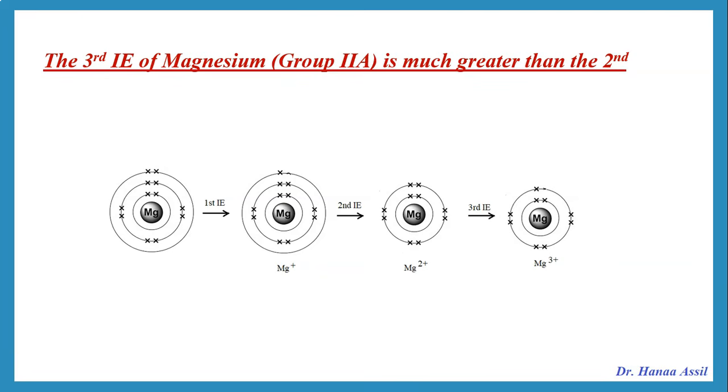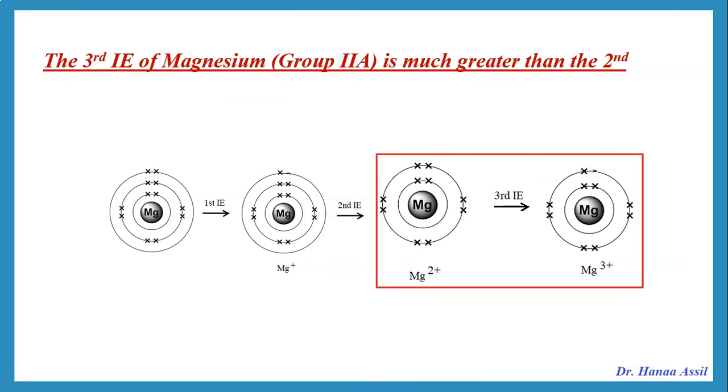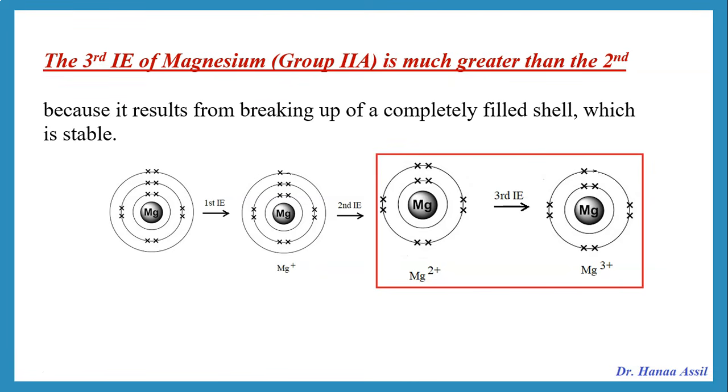The second ionization energy is removing the second electron in that third energy level. Now, when we try to remove a third electron, we're trying to remove it from an inner shell that is closer to the nucleus, more strongly attracted to the nucleus, and therefore we will have a huge jump in the ionization energy.